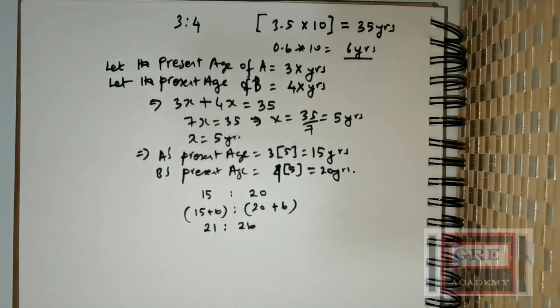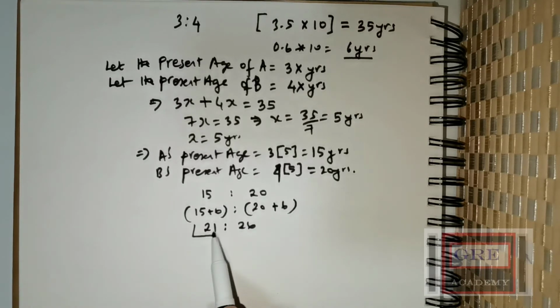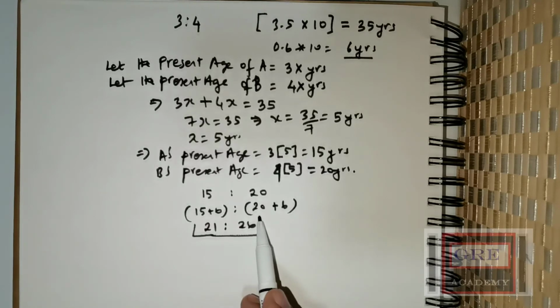Can we reduce it? We can't reduce it because this quantity is an odd number, this quantity is even, and there aren't any common factors that we can use to reduce this. So this is the final solution for this question.